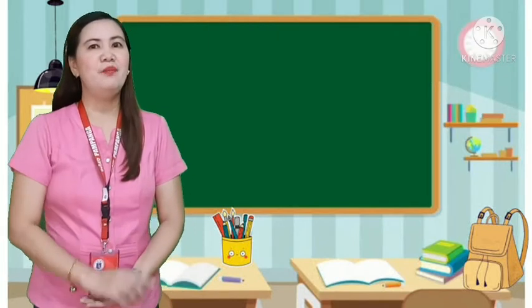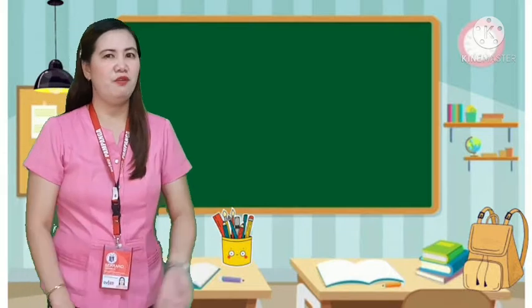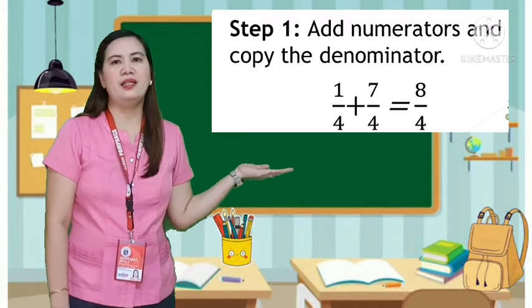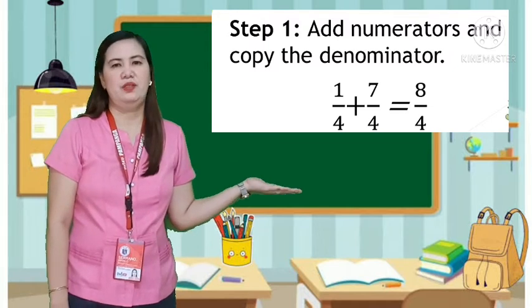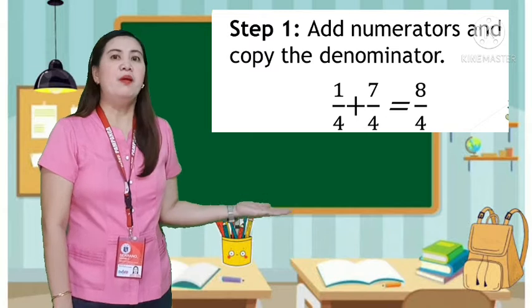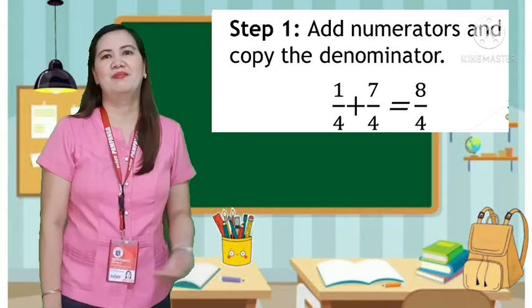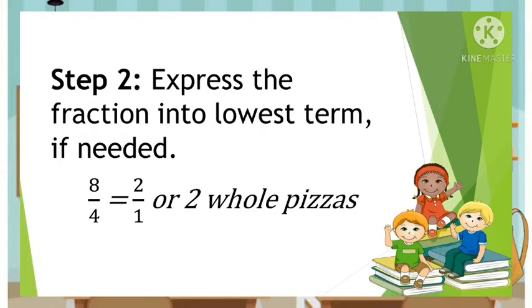To add similar fractions, we have the first step: add the numerators and copy the denominator. 1/4 plus 7/4 equals 8/4. For step 2, express the fraction in lowest terms if needed. 8/4 equals 2/1 or 2 whole pizzas.